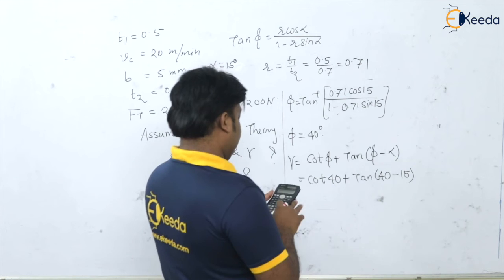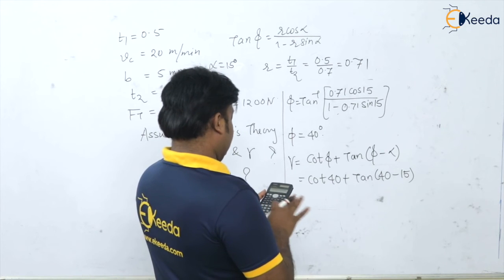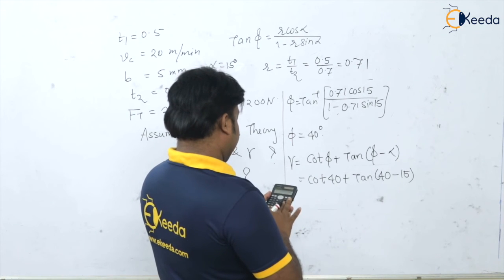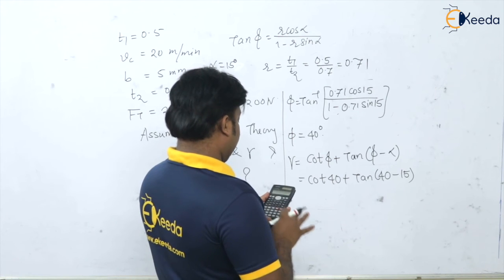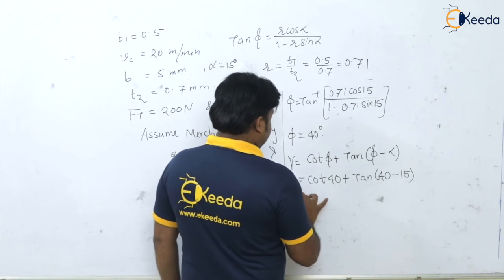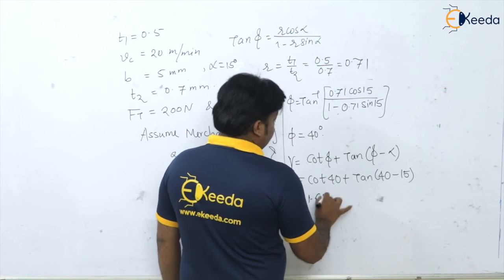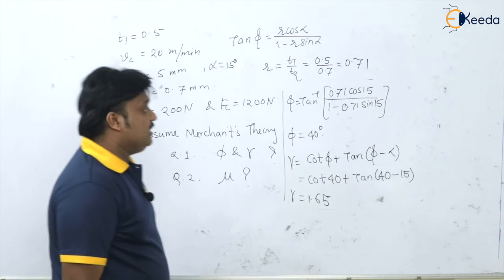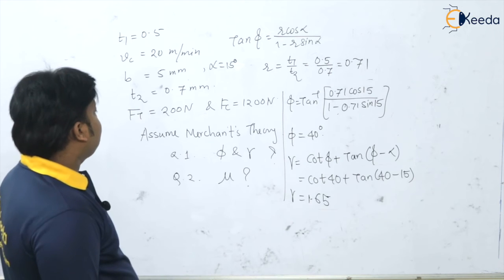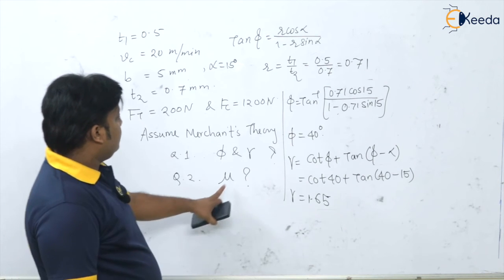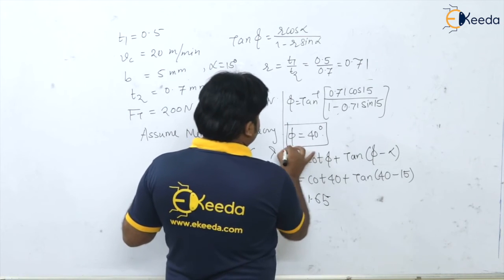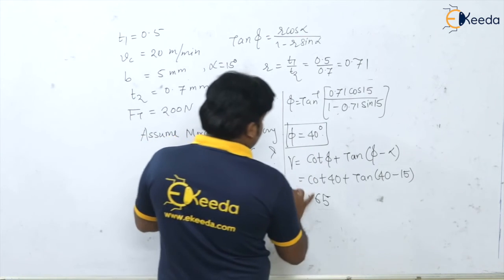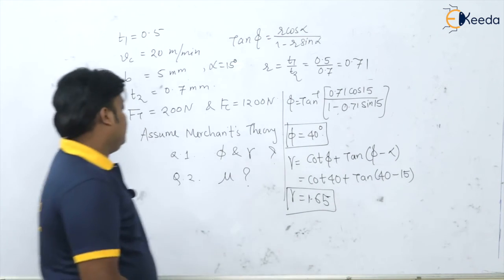So 1 divided by tan of 40 plus tan of 25 is 1.65. Gamma is 1.65. This is the shear strain in the machining, and this first question is completed. So you get phi as 40 degrees and gamma as 1.65.